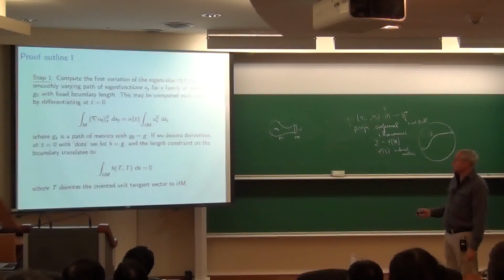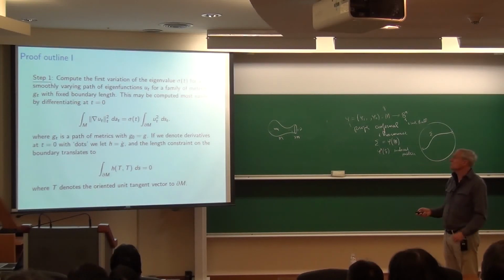Well, when we differentiate, there are several different t dependencies. There's the dependence of u_t, the fact that u is changing. There's of course the eigenvalue one which we're going to compute, and there's also the ones coming from the metric.